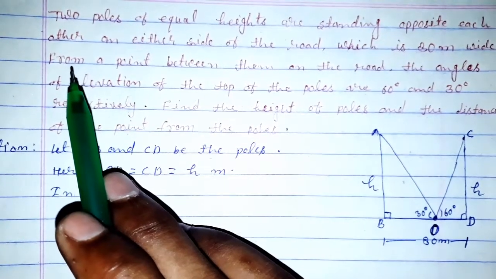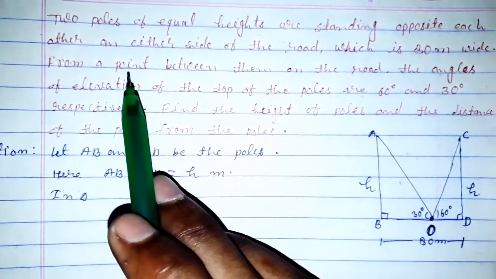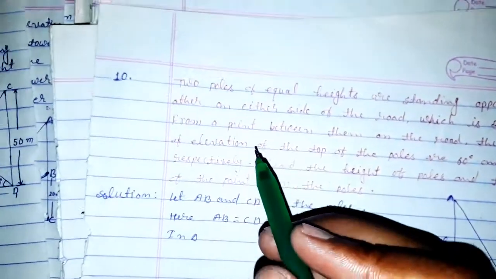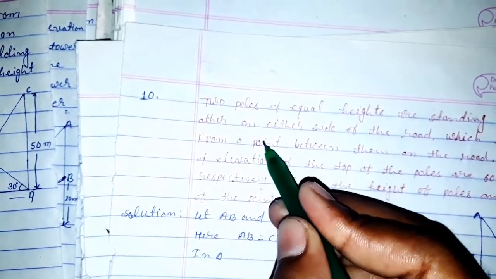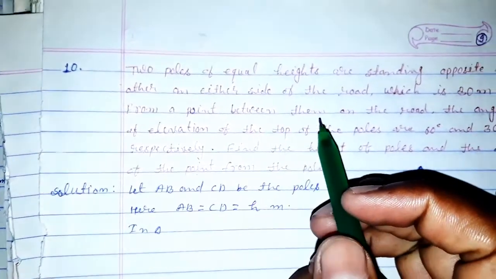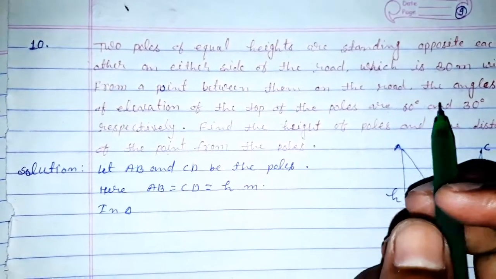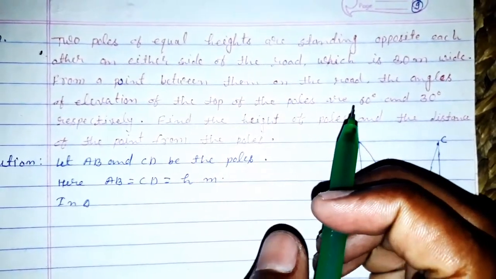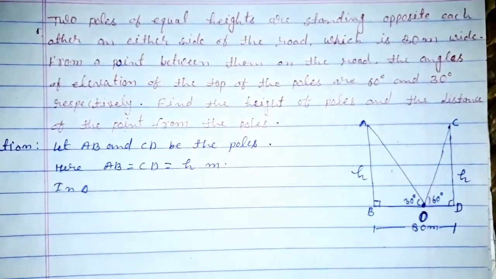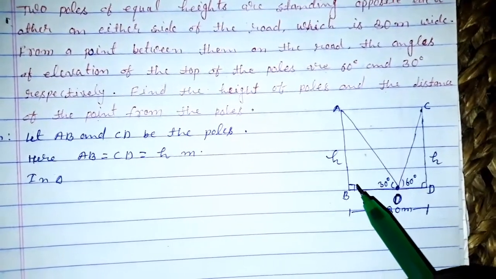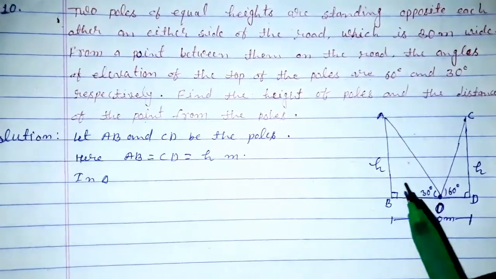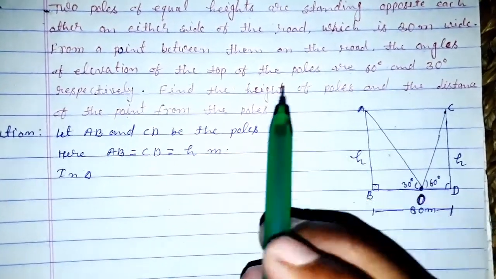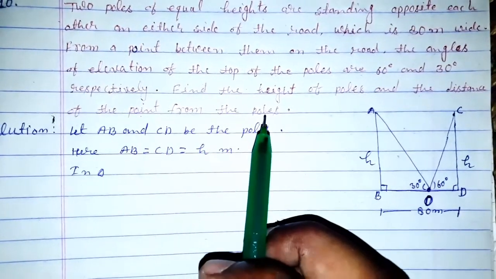From a point between them on the road, the angle of elevation of the top of the poles are 60 degree and 30 degree respectively. Find the height of the poles and the distance of the point from the poles.